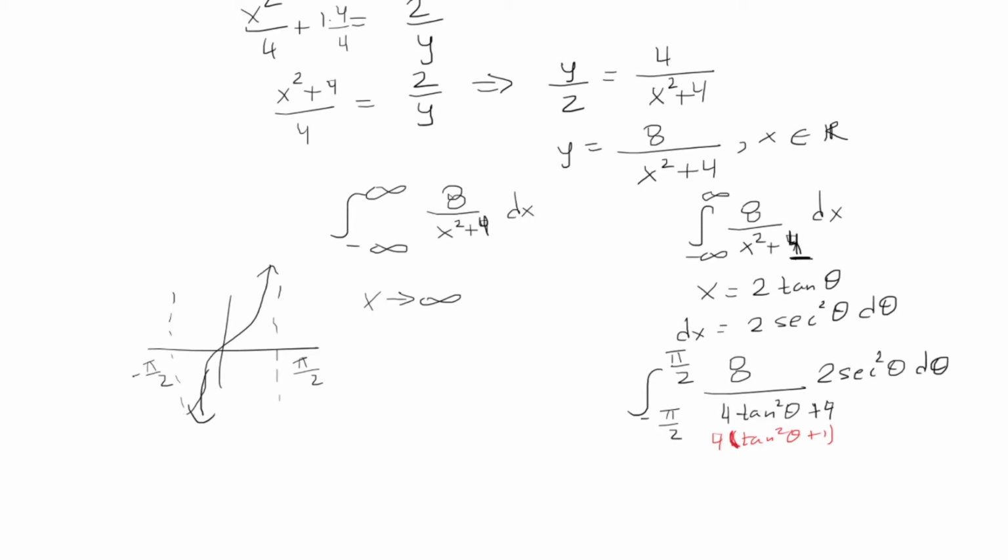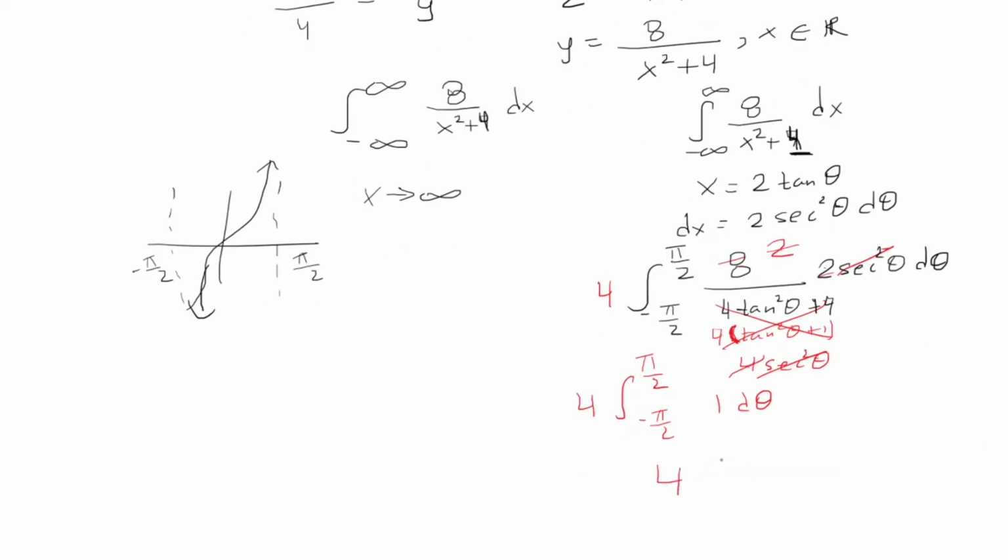That's one of the Pythagorean trig identities. So that's 4 times secant squared. I have 8 over 4. That's going to be 2. And then I'm going to multiply 2 by 2 to get 4 that comes outside. The secant squareds are going to cancel. So I'm left with 4 times the integral from negative pi over 2 to pi over 2, 1 d theta. And that's the same thing as taking 4 and multiplying it by the length of the interval. That's going to be 4 times pi, which is 4 pi.